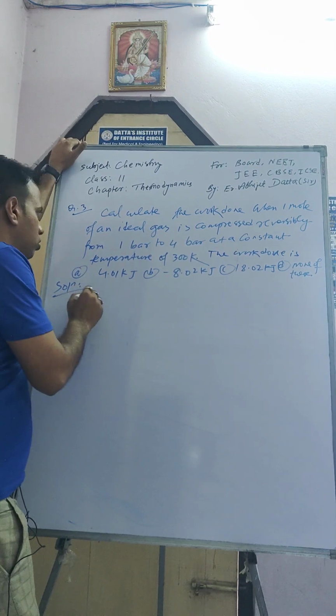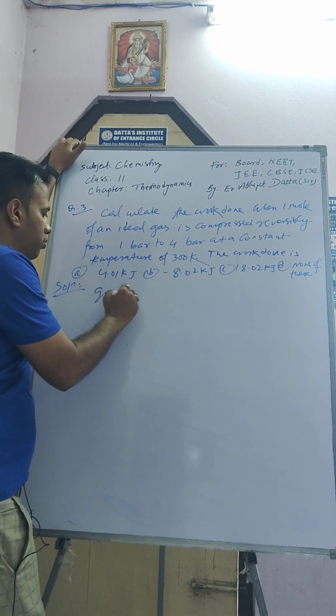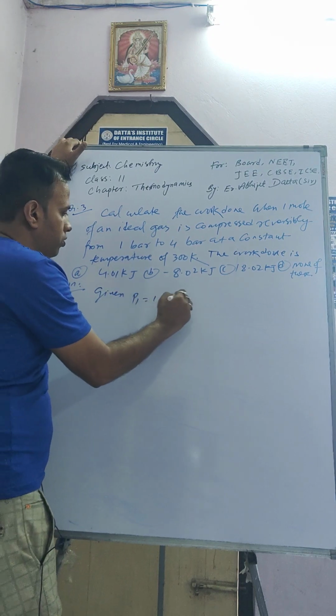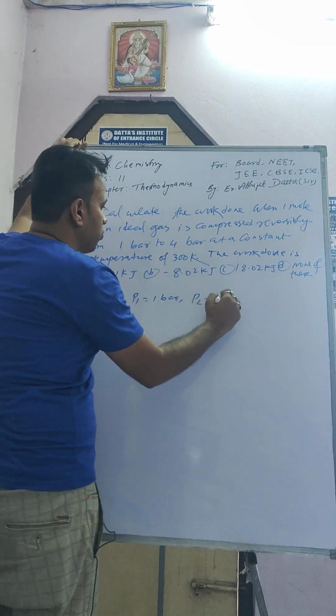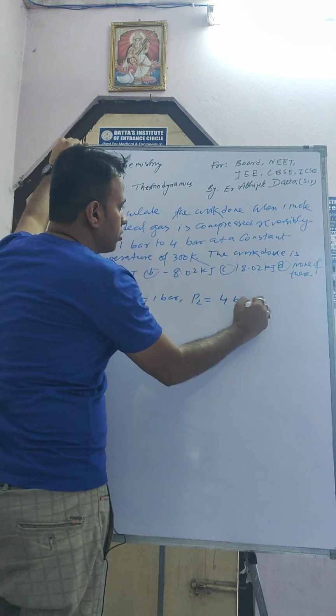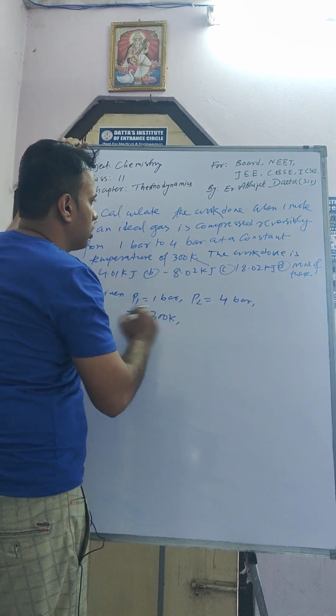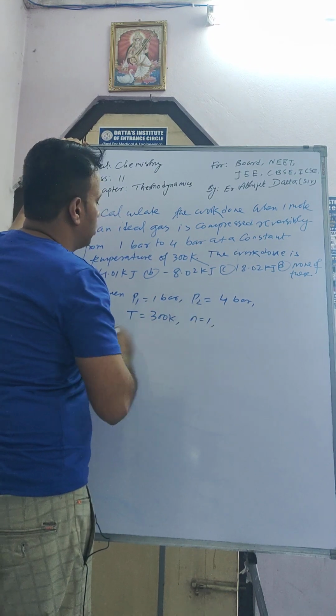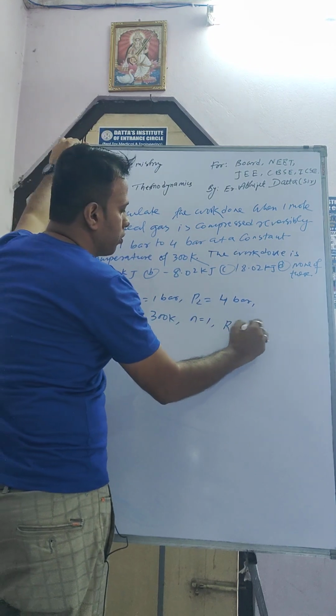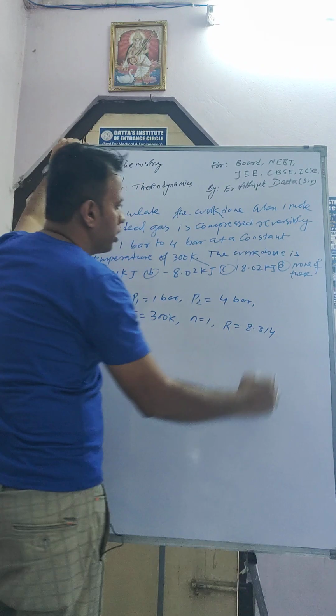Okay. So what is given here? Given P1 is 1 bar, P2 is 4 bar, and T is 300 Kelvin. Number of moles n is 1, and we know that R is 8.314. Okay.